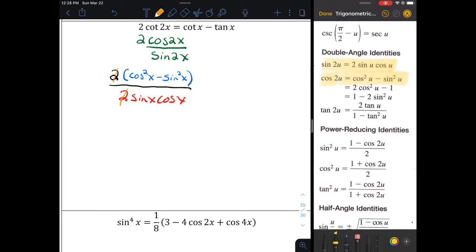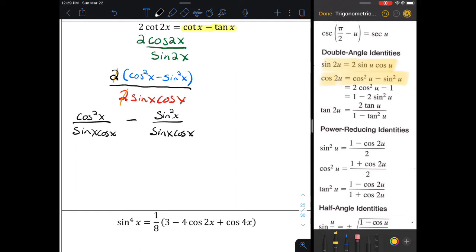Well, I would split this into 2 fractions because I need to have 2 terms. So I'm going to split my fractions, and it's going to become cosine squared x divided by sine x times cosine x minus sine squared x divided by sine x cosine x.